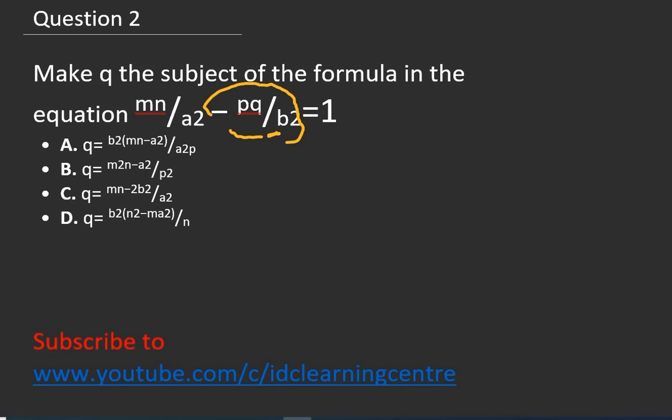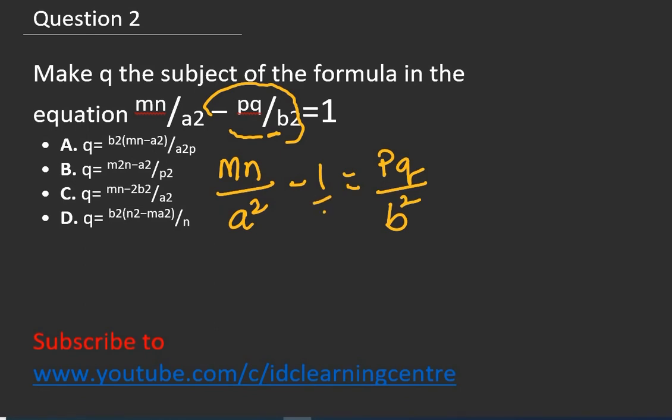If I do that, I'm going to have mn divided by a squared. Now, this one is a positive number. As it crosses this equal to sign to the left, it changes to minus 1, then equal to minus pq divided by b squared. As it crosses to the right, the minus will go. It will just be pq divided by b squared.